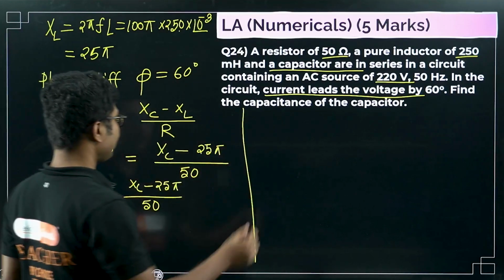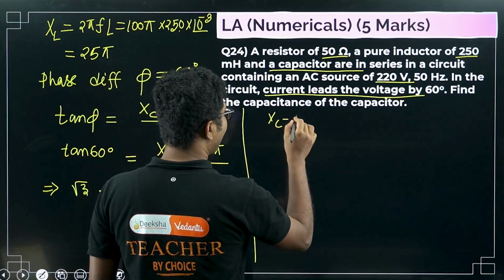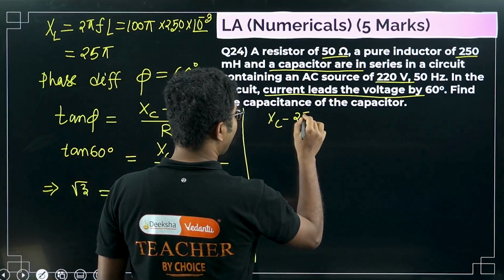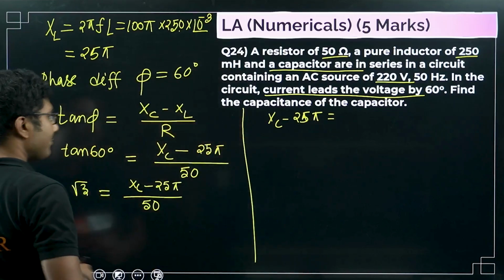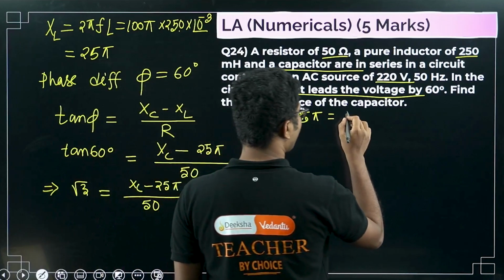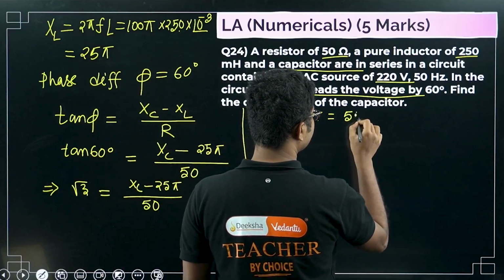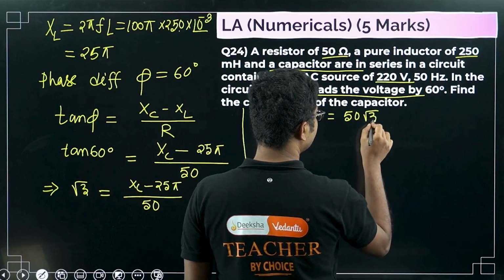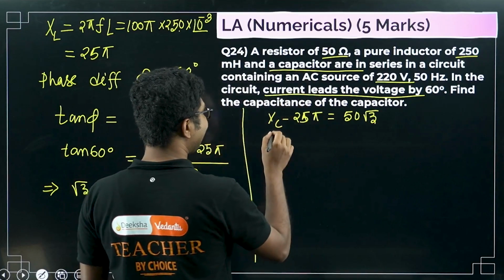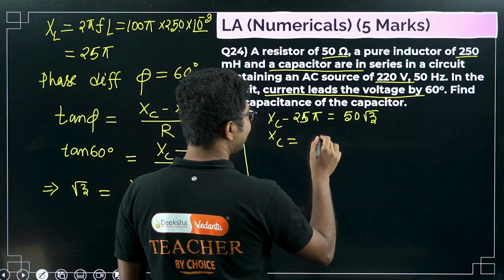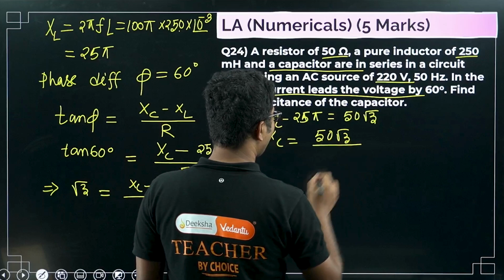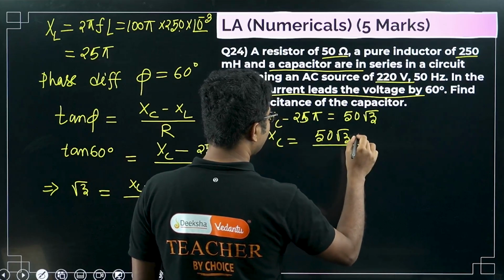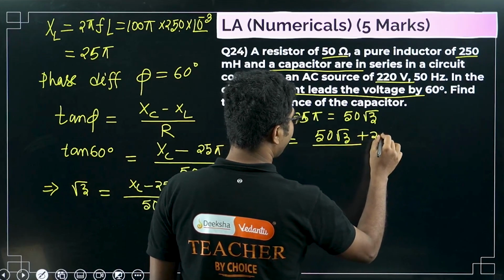So XC minus 25 pi equals 50 times root 3. So XC is 50 root 3 plus 25 pi.